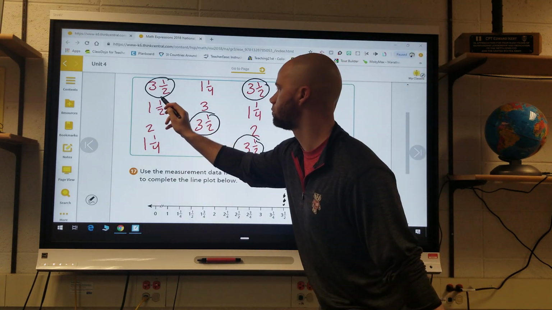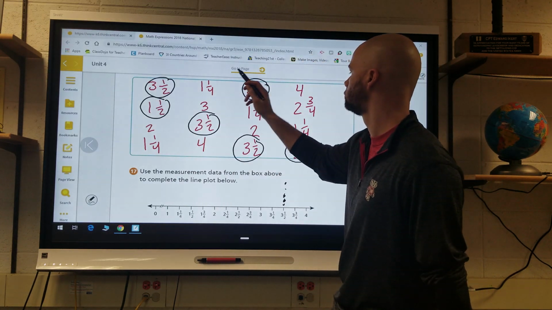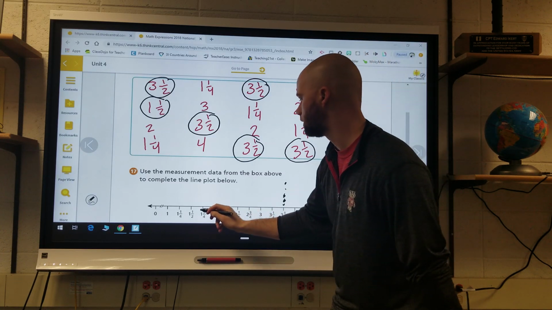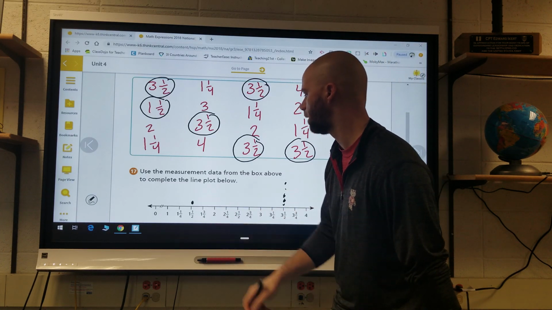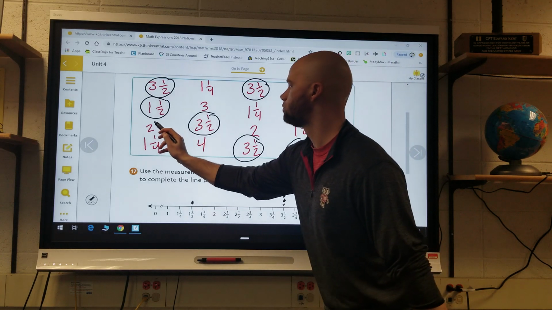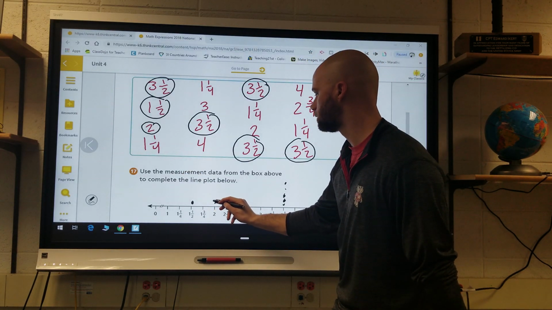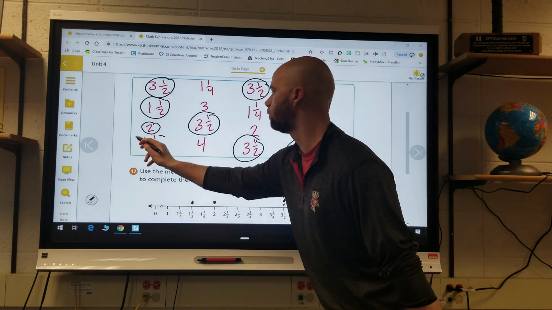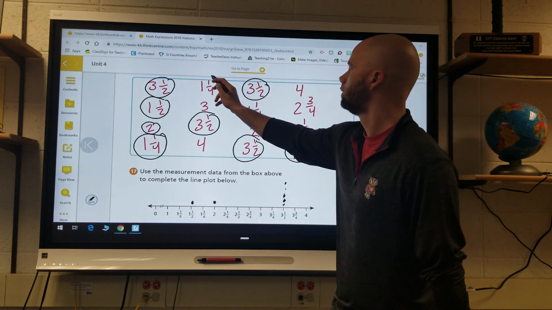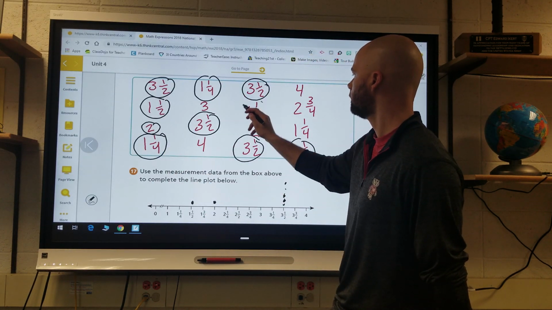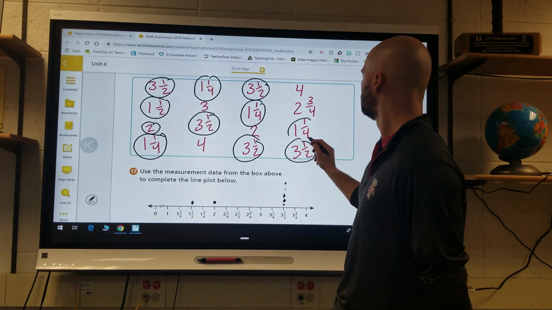Now I'm going to go find a different one. So 1.5. How many times does 1.5 show up? Just that one time. So I'm going to put 1 dot by 1.5. Now 2. How many times does 2 show up? Again, only once. 1 1/4. So there's 1, 2, 3, 4.